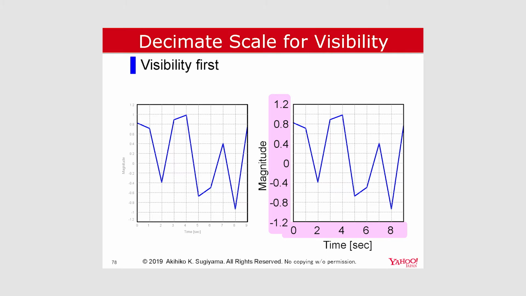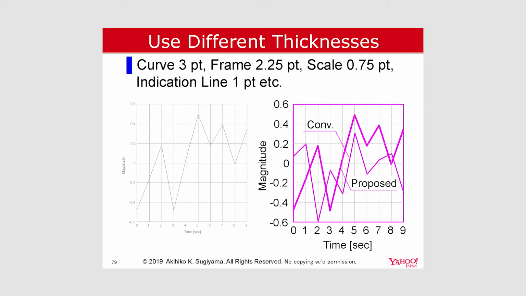And sometimes use different thicknesses. For example, to express a curve, a 3-point line, and to express frame, it's 2 and 2.25 point, and scale may be 0.75, and indication line like this may be expressed in the 1-point line. This is helpful.